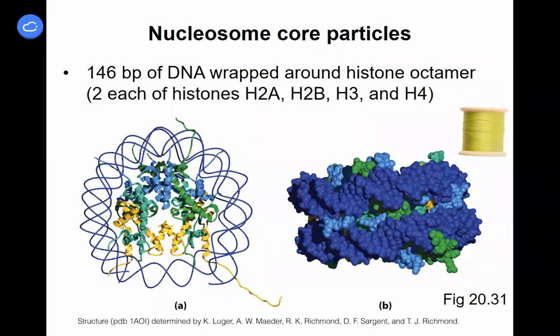Dr. Heinemann is going to talk more about this, but the main point I want to make now is that when you wrap DNA around the histone core particle, you're inhibiting RNA polymerase from getting at it. So the packaging of DNA into these nucleosome core particles tends to inhibit transcription.